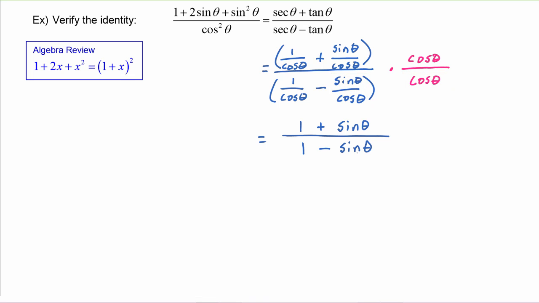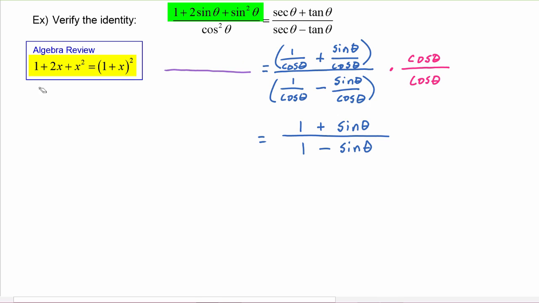Now at this point, you might not be exactly sure where to go from here, so that's a good time to look over to the left-hand side and start to work that side. One of the things you need to recognize is that the numerator is a perfect square trinomial.